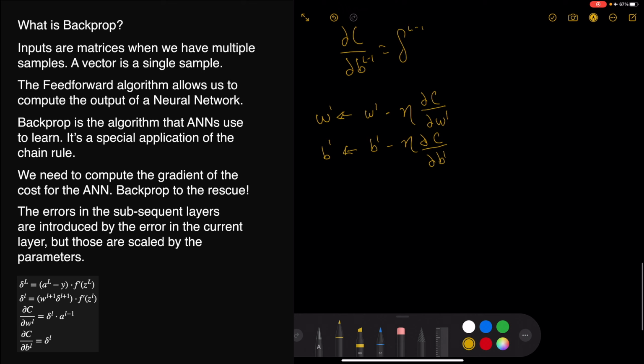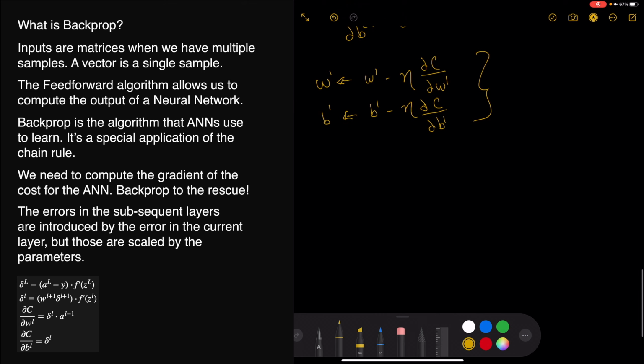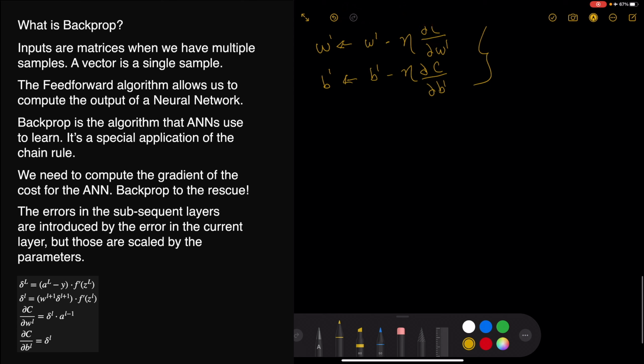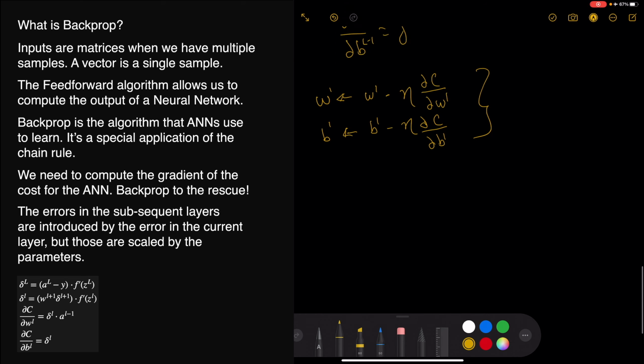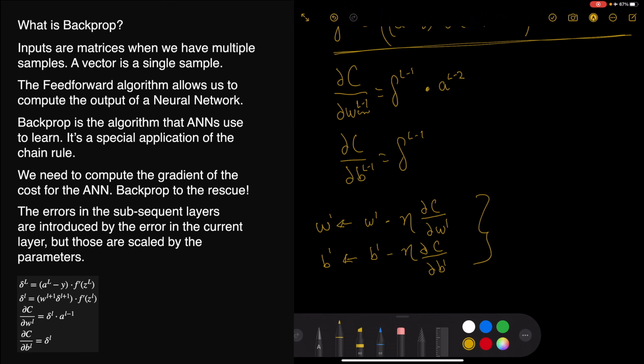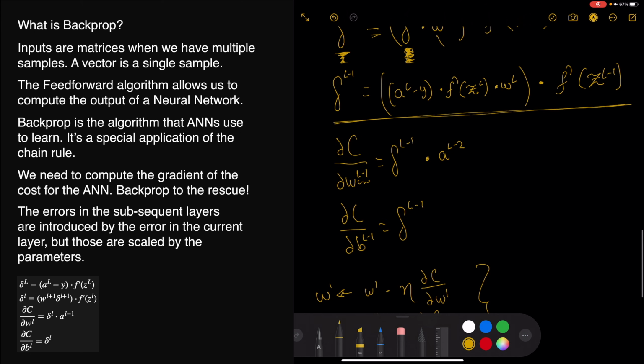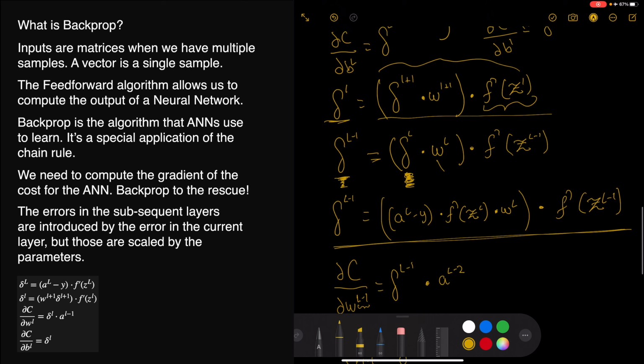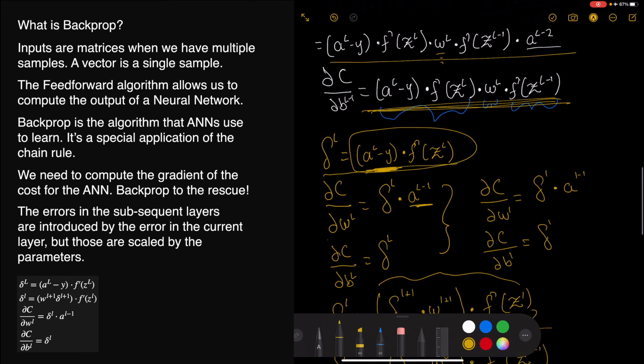But these are going to be the equations that we're going to use to compute the weights in the Lth layer and the biases in the Lth layer, what they should go to in order to minimize the cost function of this neural network. Now, once we have that, we essentially have a neural network already. It's very easy to go from this to actually implementing the backpropagation algorithm, meaning we can have a neural network built completely from scratch, and we can go ahead and compute the gradients.